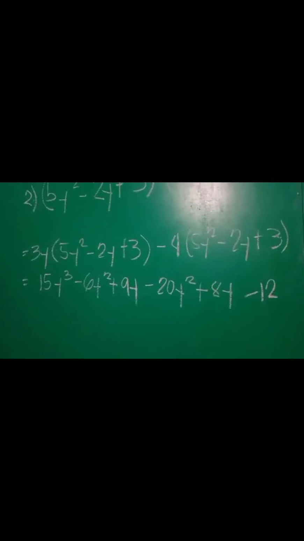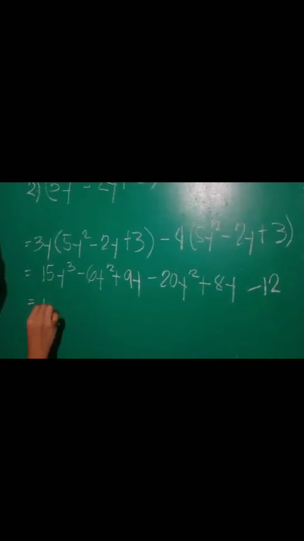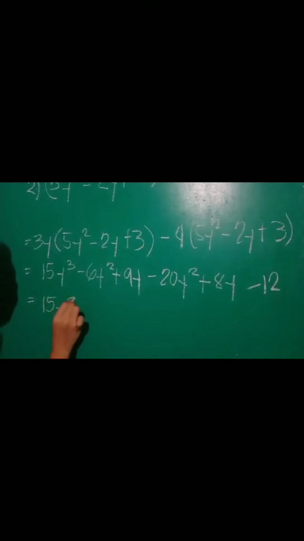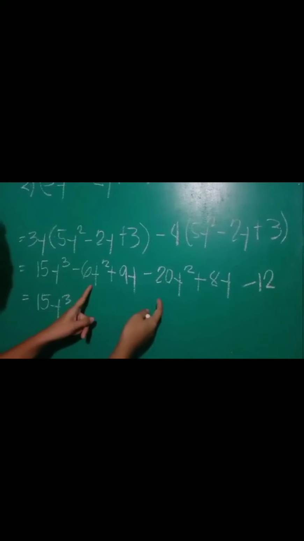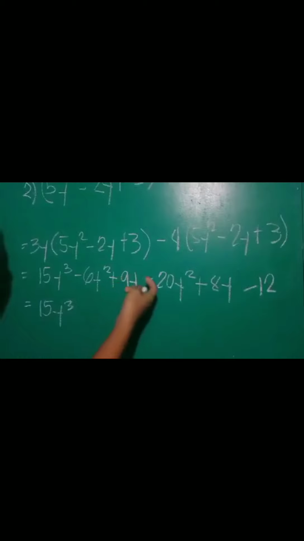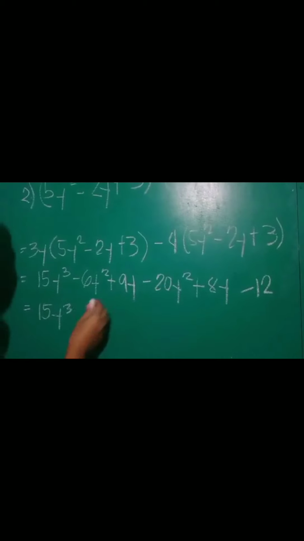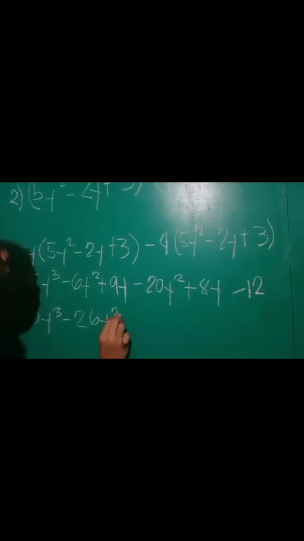Now our second step, combine like terms. We have 15y cubed. We have like terms here: negative 6y squared and negative 20y squared. Negative 6y squared minus 20y squared equals negative 26y squared.